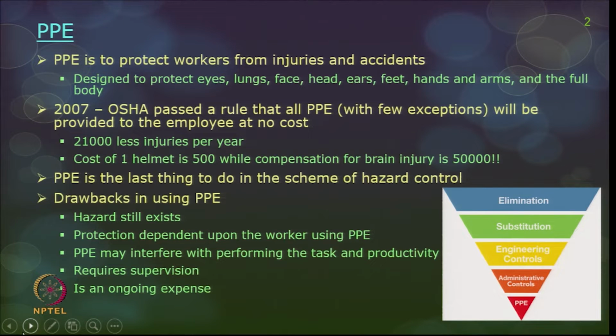After this law was passed, almost 21,000 injuries were minimized every year. Cost wise also, just an approximate idea: the cost of one helmet is just 500, but compensation for a brain injury is around 50,000. So, better to go with PPEs, and why suffer human suffering and human loss.